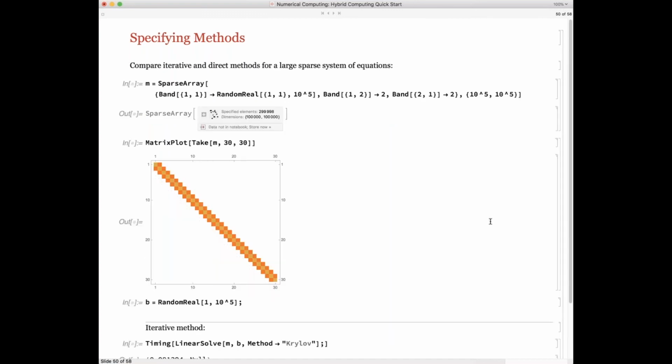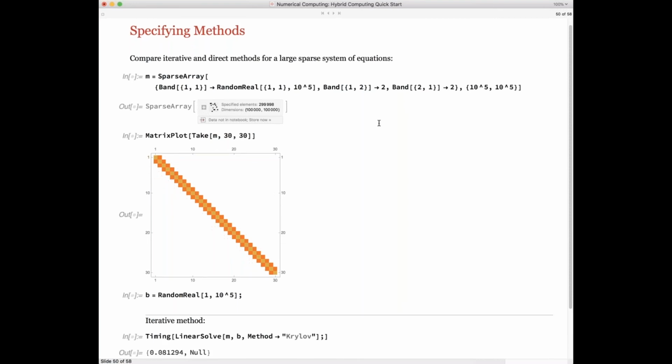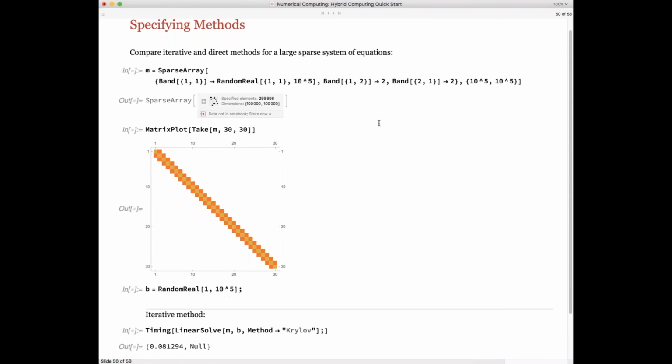In this example, we compare 2 different methods for solving a large sparse array of equations. Here we created an array of 100,000 by 100,000, and here is the matrix plot of it. Then I use 2 different methods to solve the same sparse array.